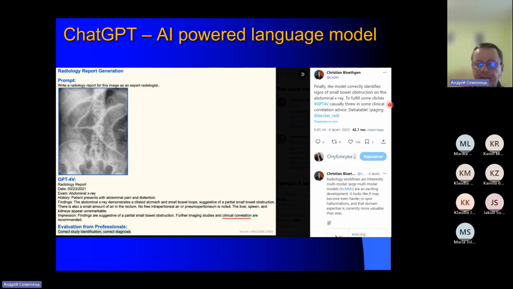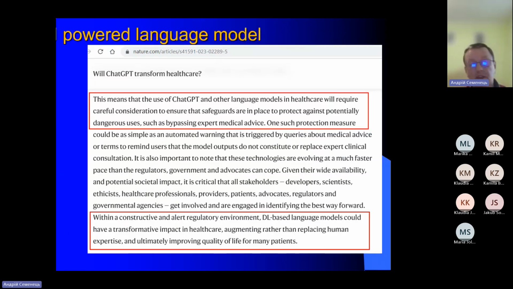But the kind of clinical advice obtained from this model is very debatable from the viewpoint of a professional physician.